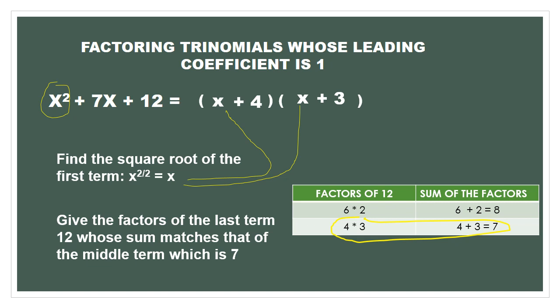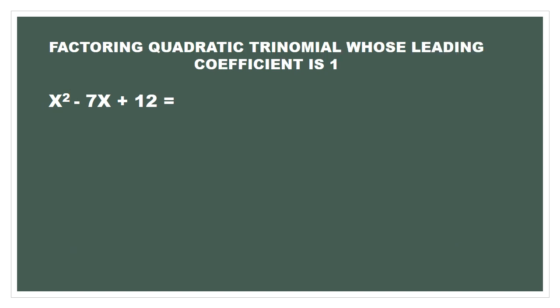Okay? Ang factoring whose leading coefficient is 1 is trial by trial and error ang gagawin. To check if your answer is correct, ang gagawin nyo lang is use FOIL method or yung multiplication of two binomials. Okay? Another example, we have x squared minus 7x plus 12.